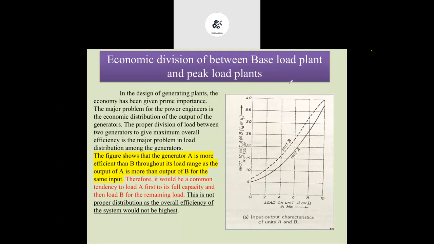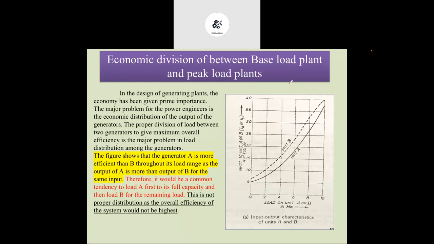The third point today is economic division between the base load and the peak load power plant. As we know, the base load and peak load, you have an idea regarding it. If you consider there is a load which you have to carry by the power plant, in that case we can design two power plants. One is a base load power plant and another is a peak load power plant.